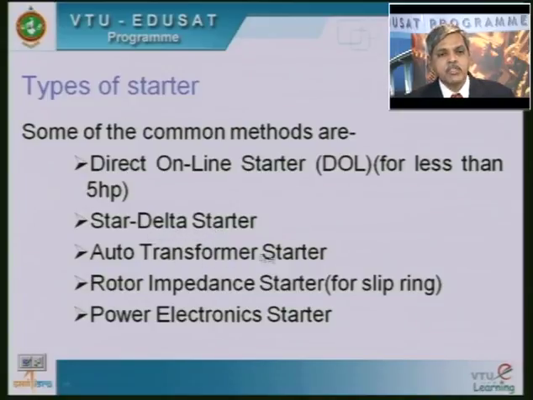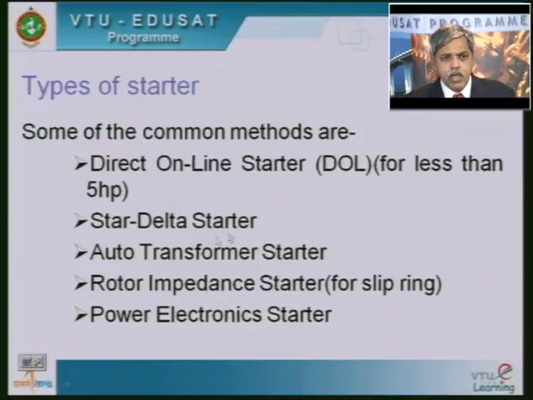An auto transformer starter also uses a reduced voltage method. At the time of starting we apply a smaller voltage, therefore the current drawn by the induction motor is smaller. As the motor picks up speed, I gradually move the contacts in such a way that the voltage is increased from the minimum value to the full value. That is the technique of using an auto transformer starter.